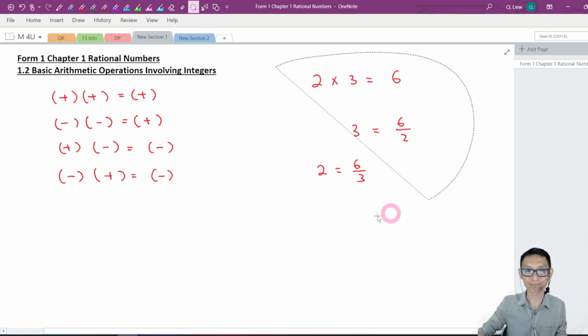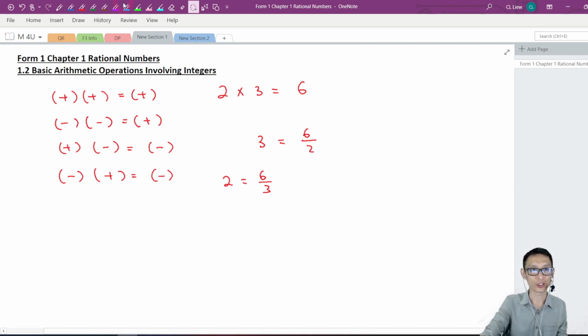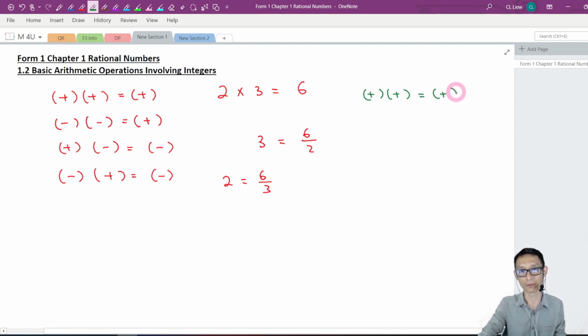Okay, now let's look at this one. Positive times positive is equal to positive, right? So this means that if I move this over here, positive divided by positive will give a positive answer, which is the same as this one.